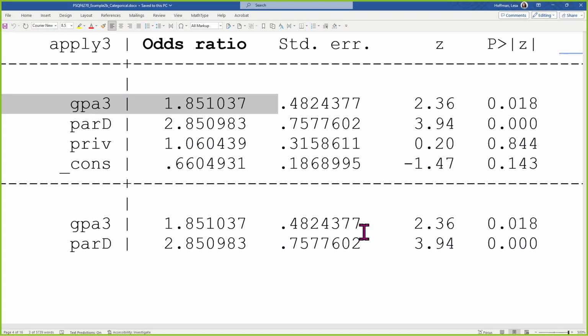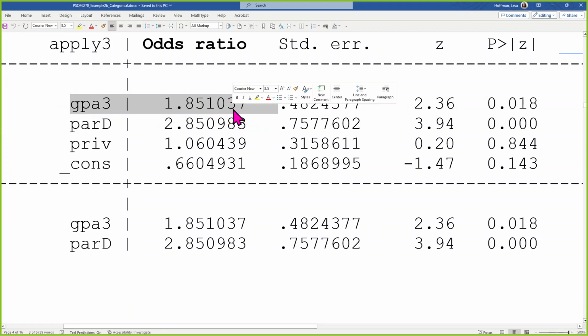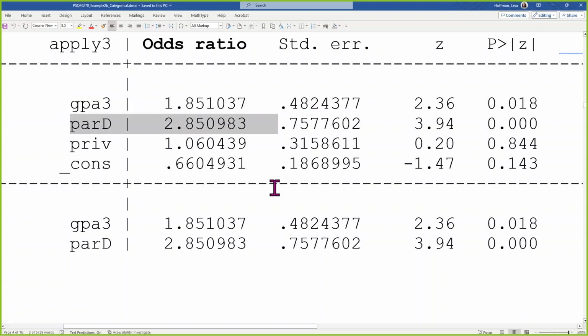So this is unit specific. This is per unit still of the variable. So in that sense, it's not really standardized in the way that we're used to thinking about effect sizes to be. So keep that in mind when you're thinking, oh, well, this one's not as important. How many units are there to move in GPA? There's 0 to 1, 1 to 2, 2 to 3, 3 to 4. This is for each of them. Versus a unit is the entire distribution of this variable, moving from 0 to 1. That's it.